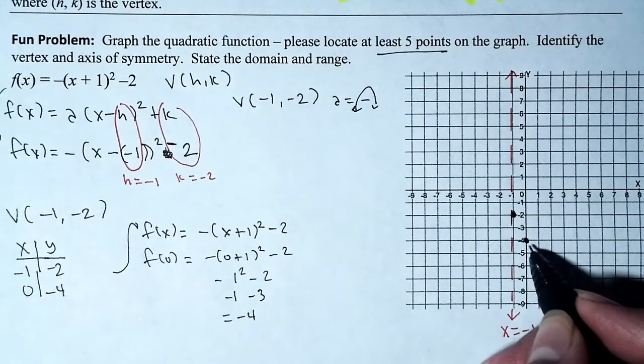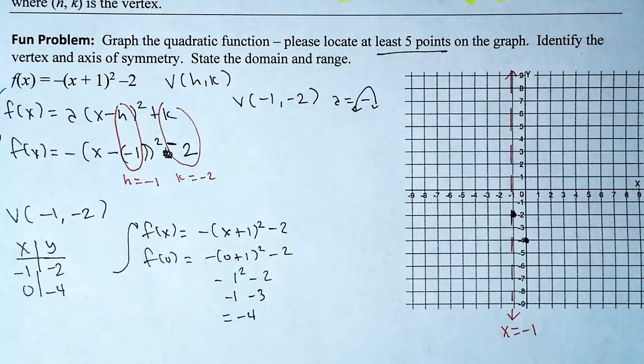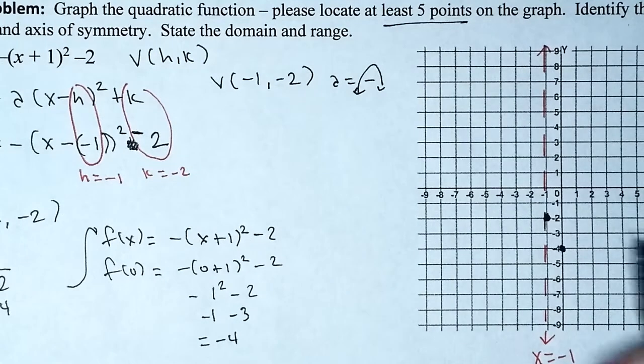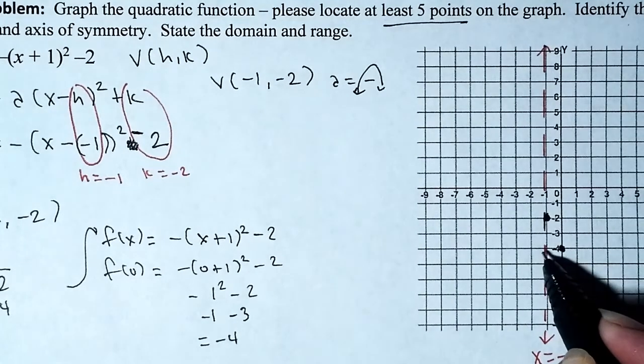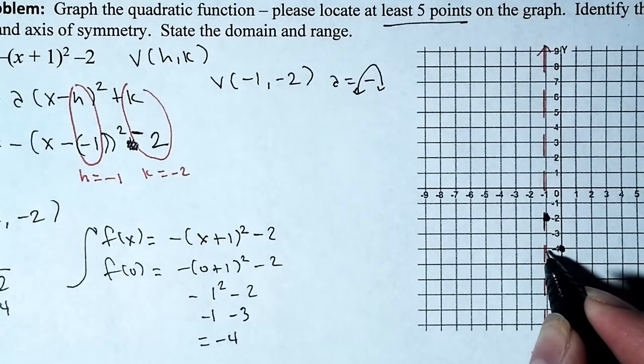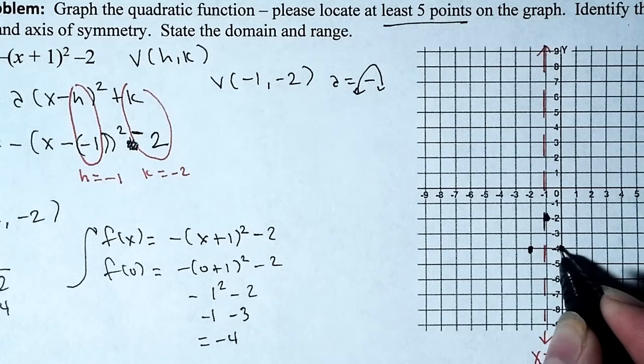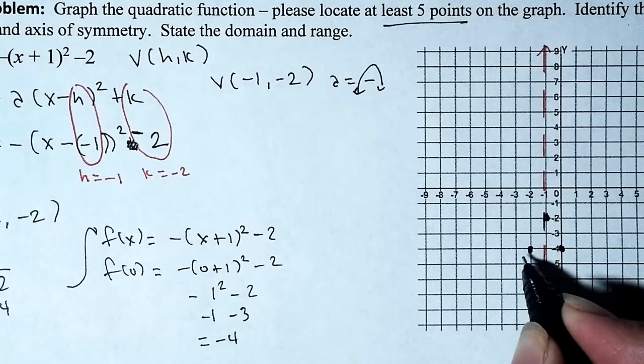We're going to use the axis of symmetry to get to another point. If this point is 1 unit away from the axis, when we reflect it, we should be 1 unit away on the other side. Or in modern words, if we were to take a selfie, we will be right here.